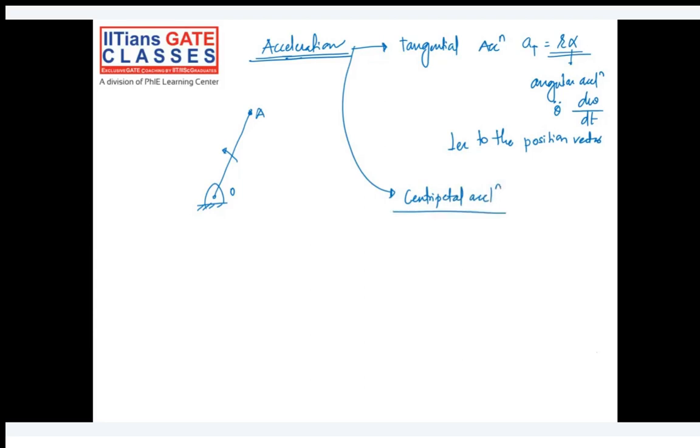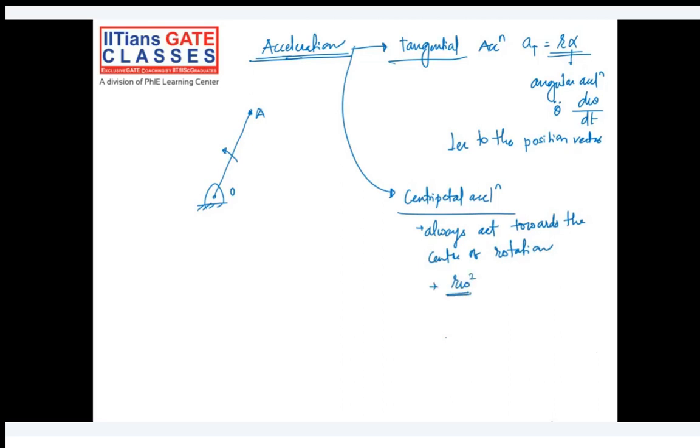For example, for this particular link, how will the acceleration diagram look? Let's say this point is O, or let's take any point. From that point you first draw the centripetal acceleration, and then the tangential component to it. For example, like this.